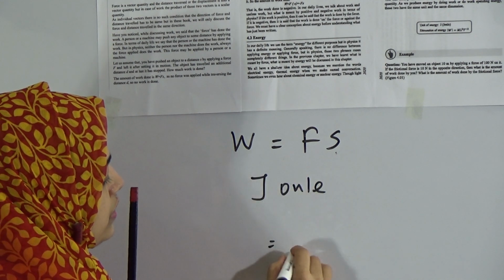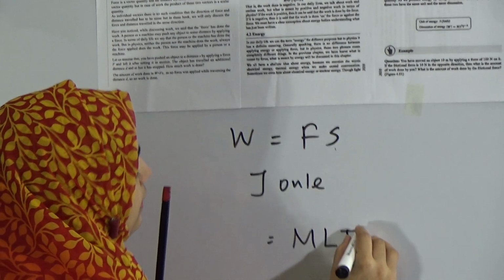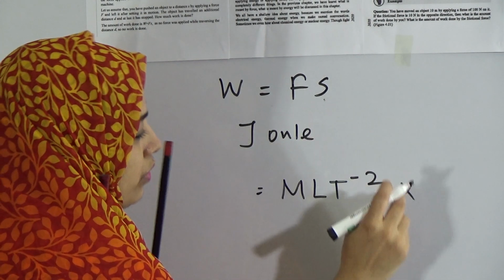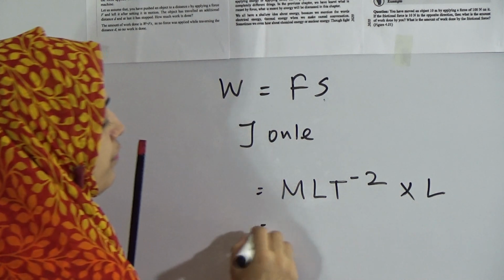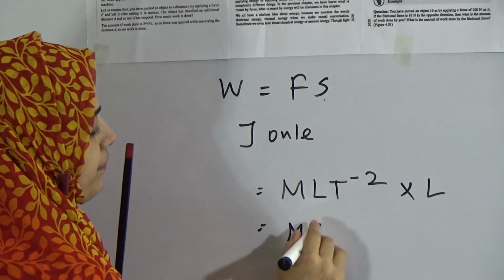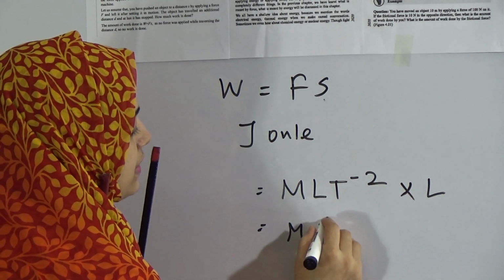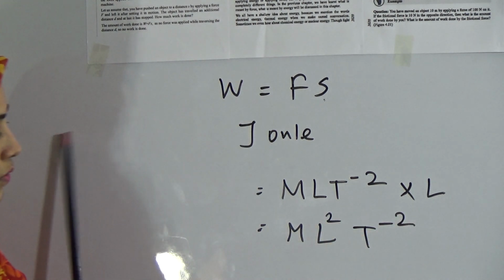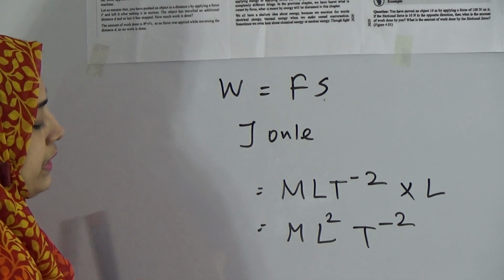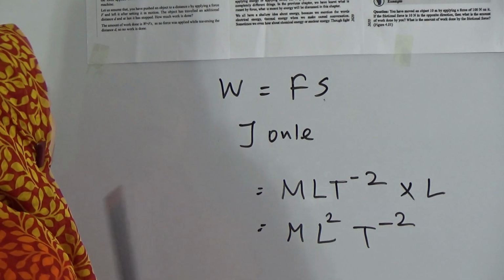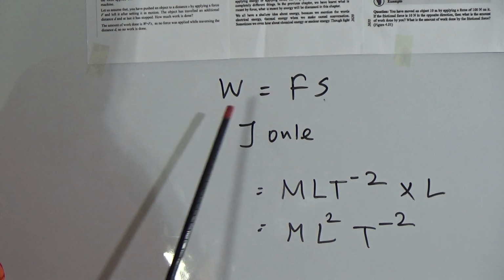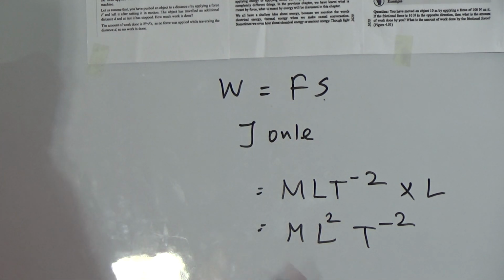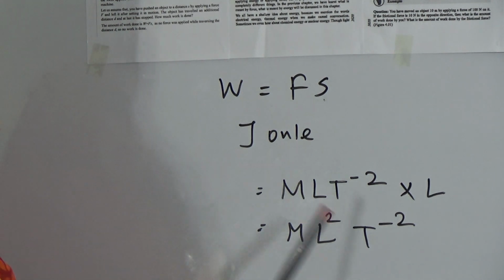The dimension of force is, we know, MLT to the power minus 2, and the dimension of displacement is L. So from here we can write M L square, L into L, that means L square T to the power minus 2. So the dimension of work is ML squared T to the power minus 2. My dear students, memorize properly the definition of work, unit and dimension. This is important for your MCQ and CQ.